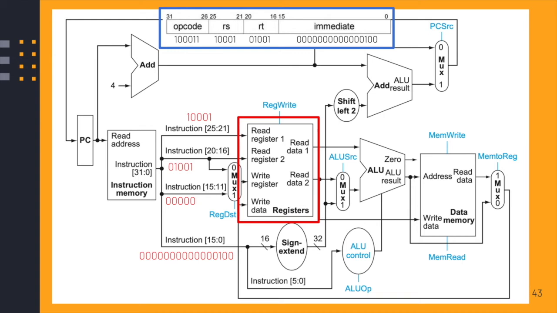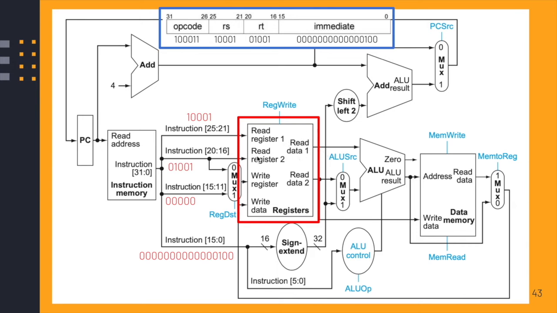The second part is doing the sign extend and retrieving the values from the register file. So here we have the register file. Read register 1, we will try to retrieve the value of register RS. This number represents the number of register RS. This number will enter the register file, and I will get the value inside register RS and output it into this line called read data 1. Okay?